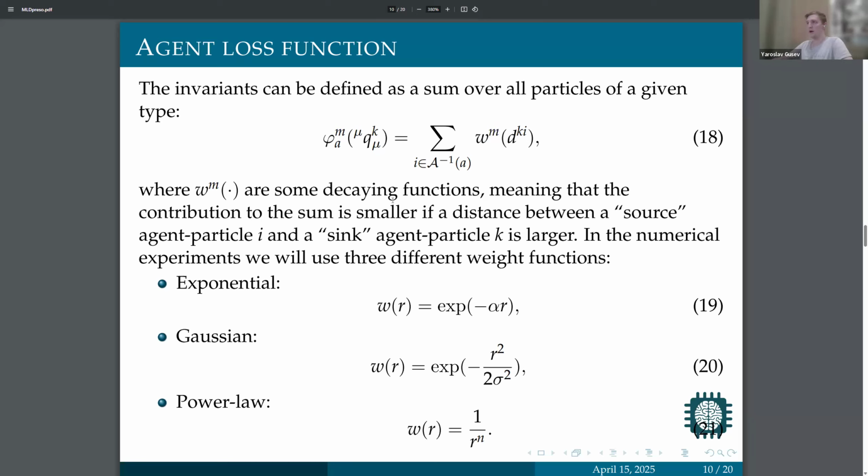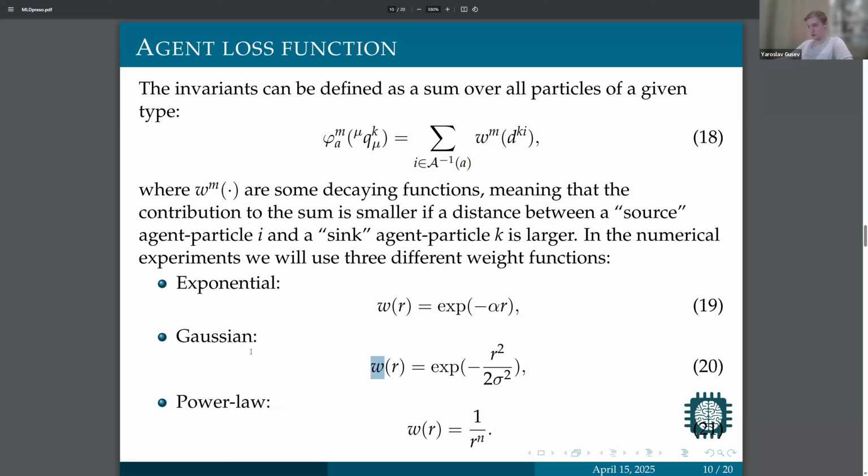They are some decaying functions, so that interaction with faraway particles contributes less than interactions with closer particles. If the distance is shorter, then the value is larger. And these functions W might be exponentially decaying functions of their argument.